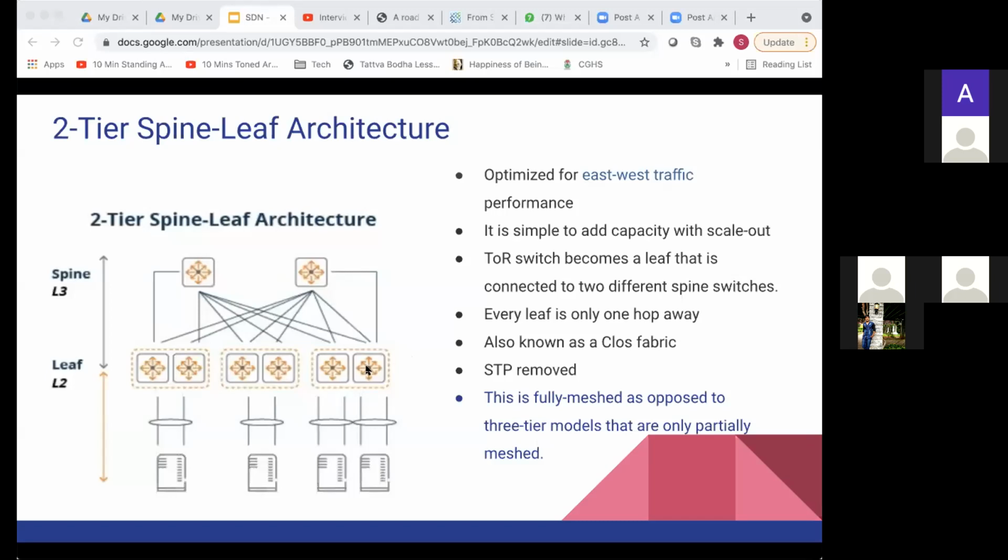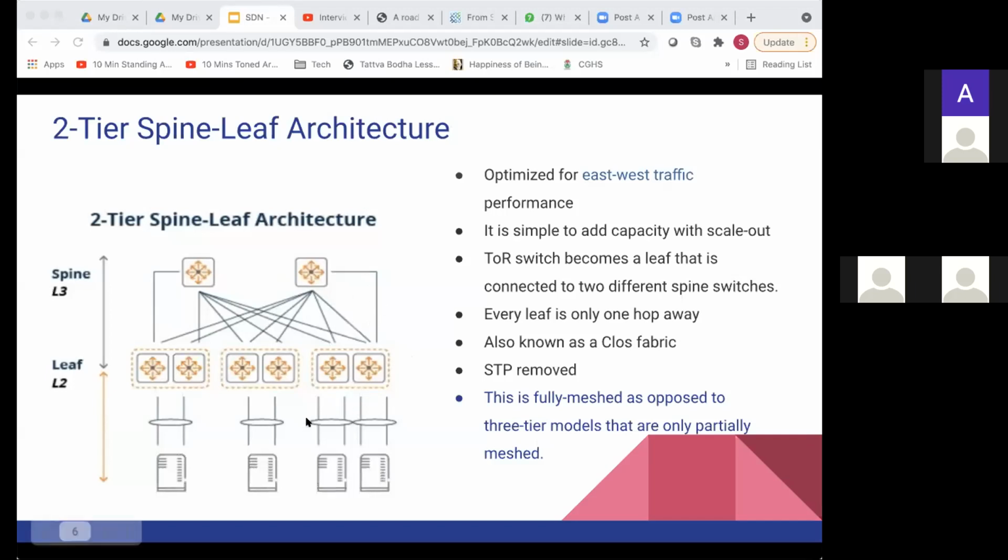Another important thing is that this flattened the more traditional architecture. Each of these access switches was connected to two spine switches.